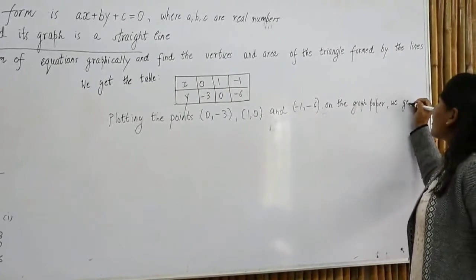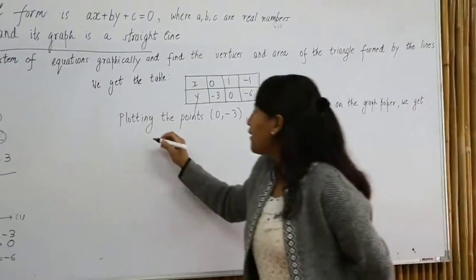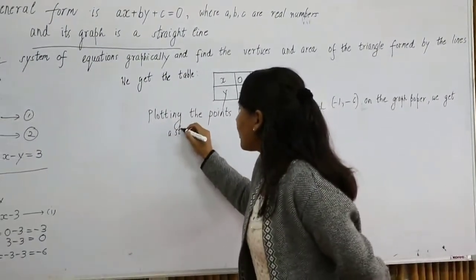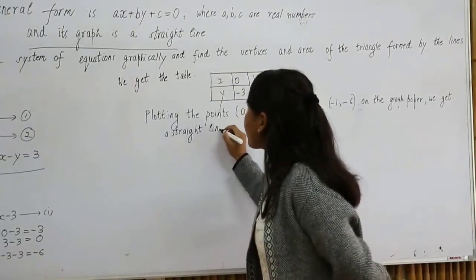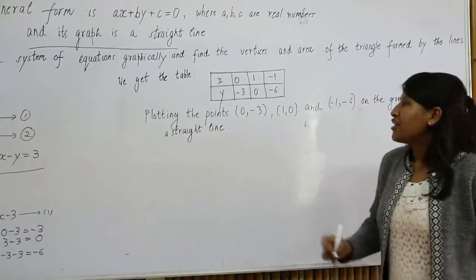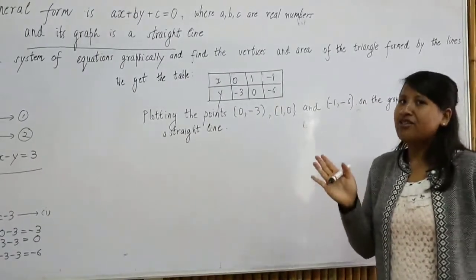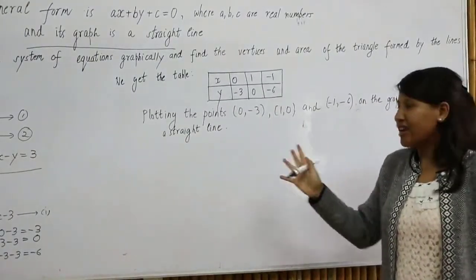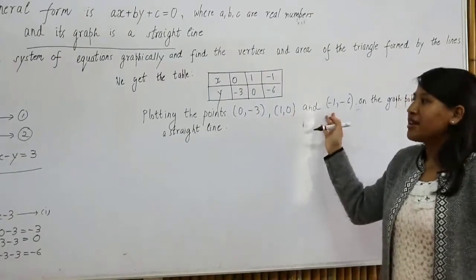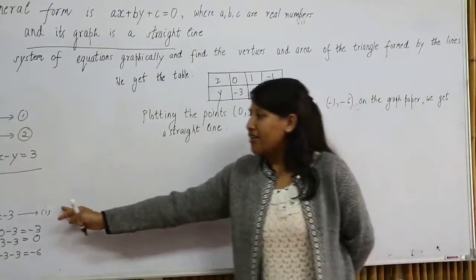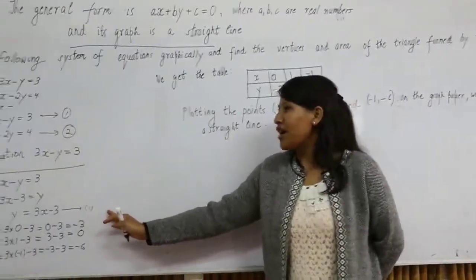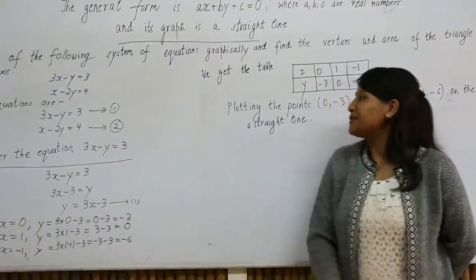We get a straight line. Now remember that you should get a straight line. If you do not get a straight line after joining these points, that means there's something wrong with your calculation. You have to check back right from the start. So you have to check very carefully.